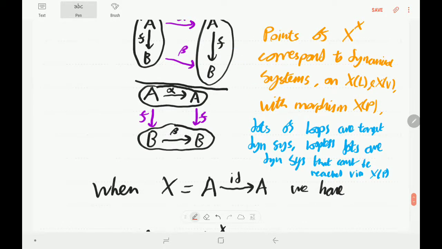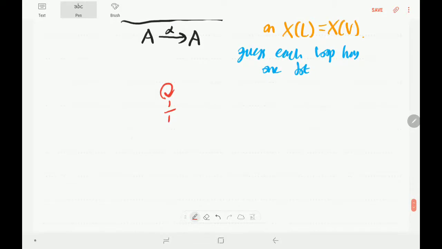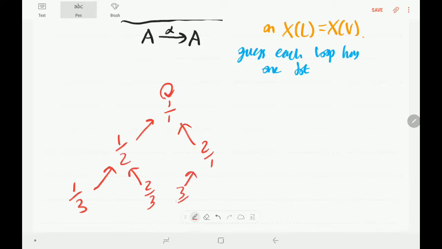So then we can talk about things like the Stern-Brocot tree, having its structure like this: 1 over 1, 1 over 2, 2 over 1, 1/3, 2/3, 3 over 2, 3 over 1, and dot, dot, dot.